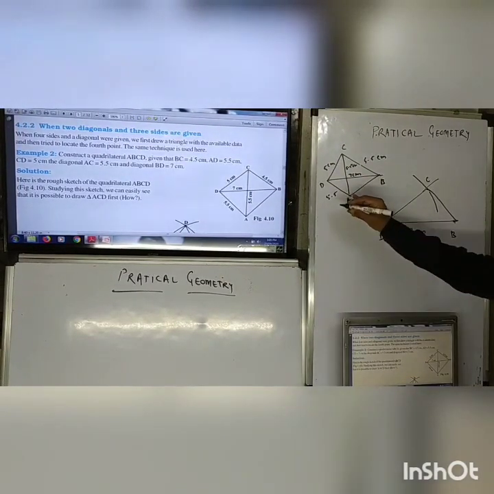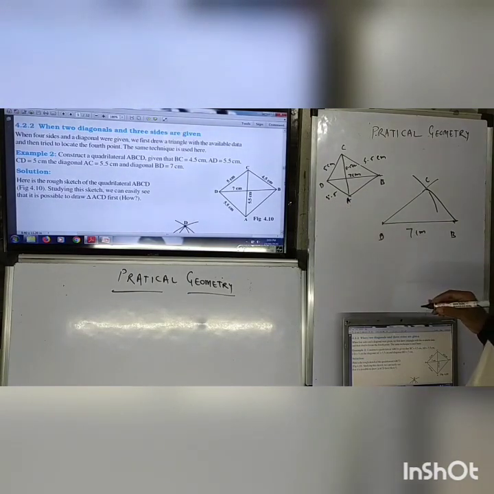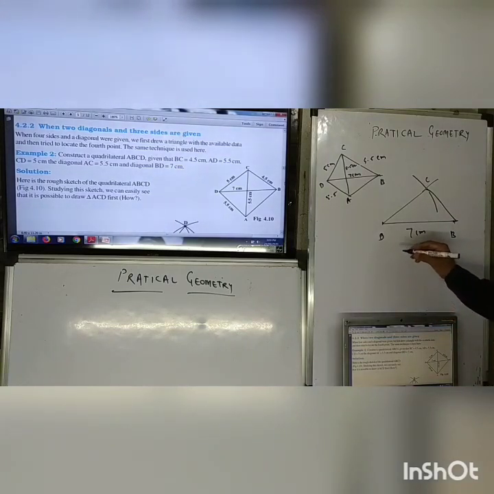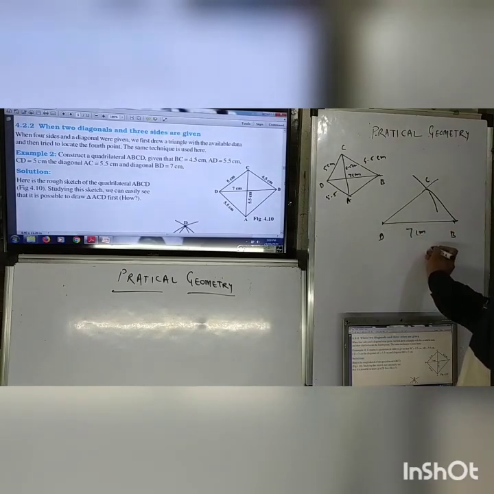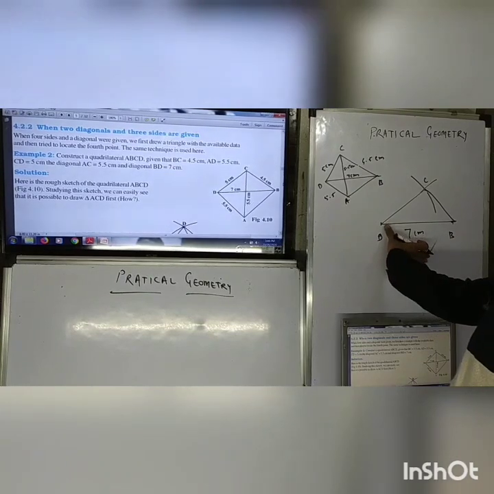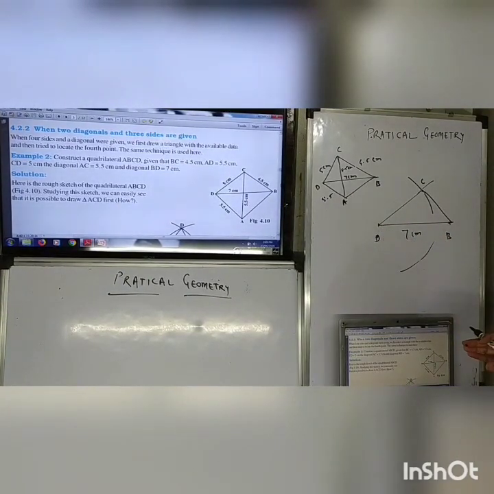Now to locate this point A, what do we do? We take 5.5 cm in the rounder. You know that point A is 5.5 cm from D. Take the rounder at D, take 5.5 cm, and draw this arc of radius 5.5 centimeter.